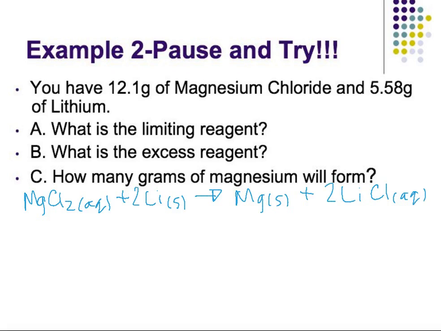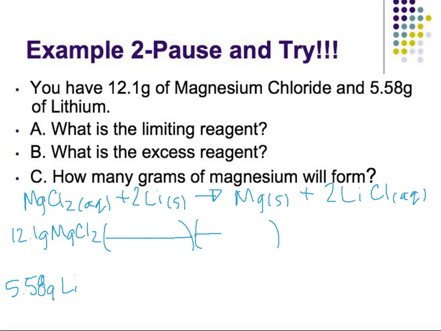Now it is. Doing the math, we start with our 12.1 grams magnesium chloride, MgCl2, and our 5.58 grams of lithium. 2 3-step problems.